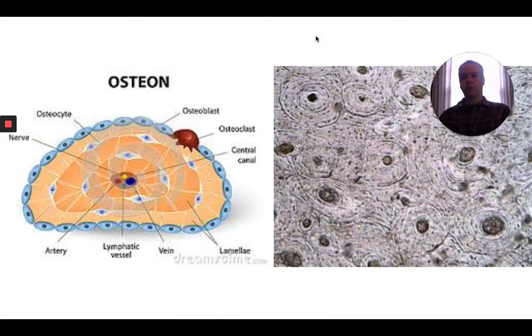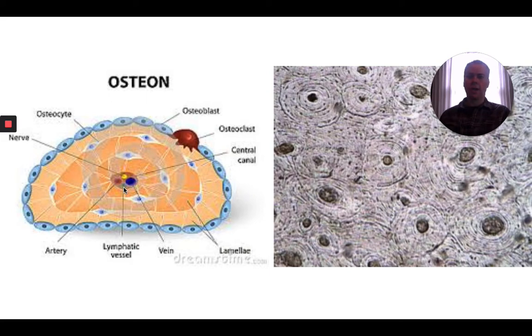So these are those osteocytes. This is what they look like as viewed through a microscope. These circular areas, in the middle are those canals that we just mentioned. Moving through the actual bone, you have nerves, arteries, veins, and lymphatic vessels.